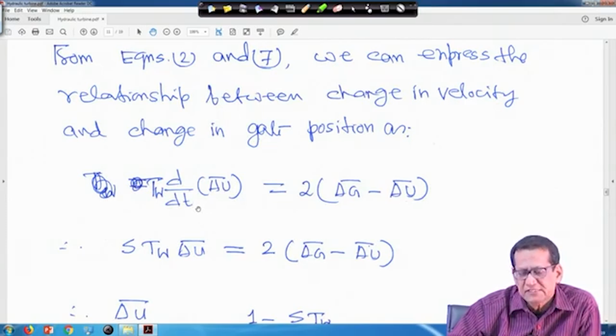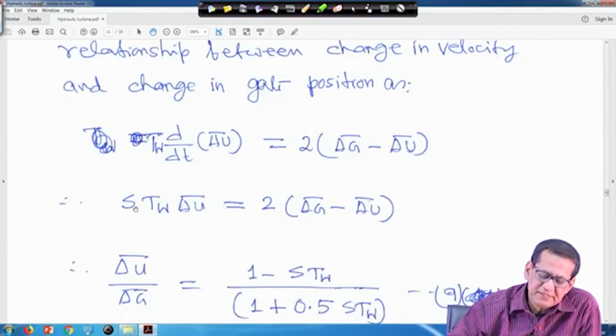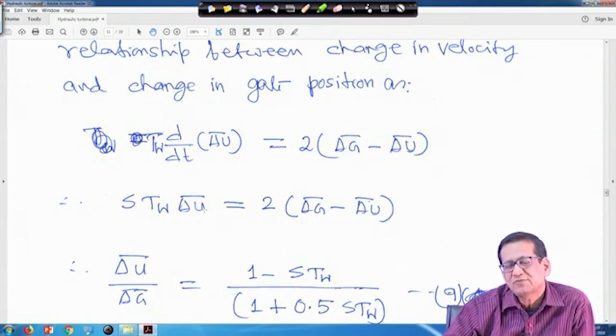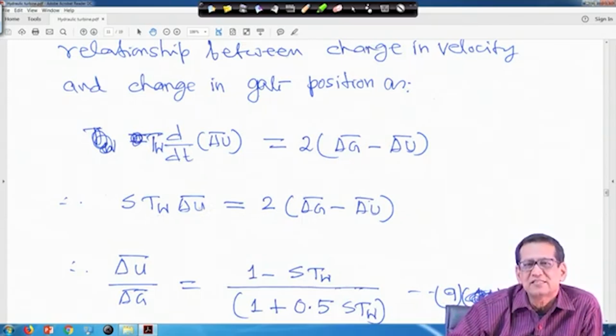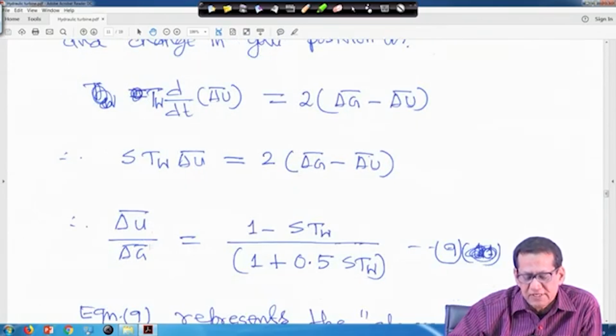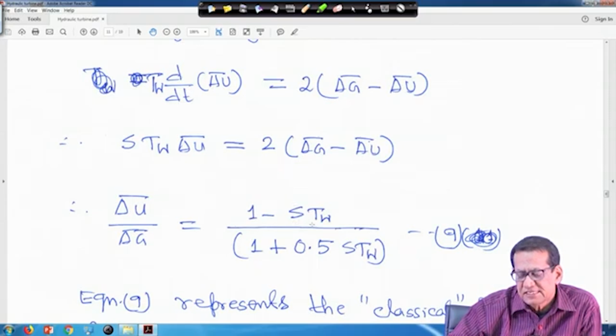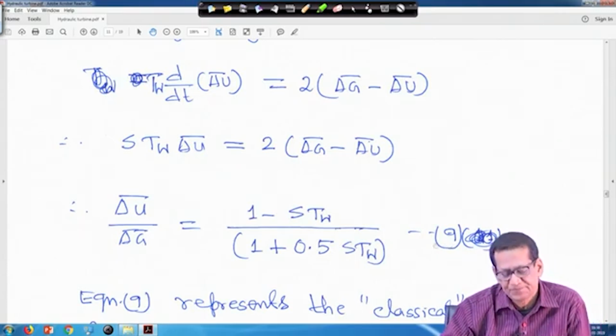If you take the Laplace transform, the left hand side is simply s TW delta u bar, a function of s, not writing it again and again because it is understandable, equal to 2 into delta g bar minus delta u bar. Or delta u bar upon delta g bar is equal to 1 minus s TW divided by 1 plus 0.5 s TW. This is equation 9, right.